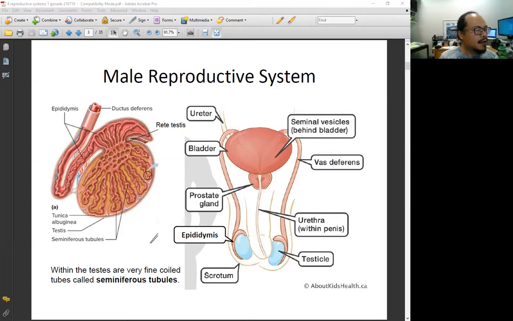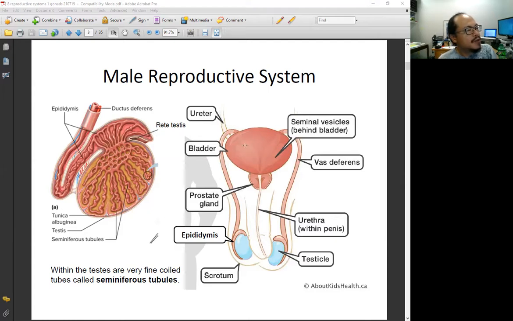After entering the pelvic cavity, it will go behind the urinary bladder. And behind that, you probably can see a shaded color here.